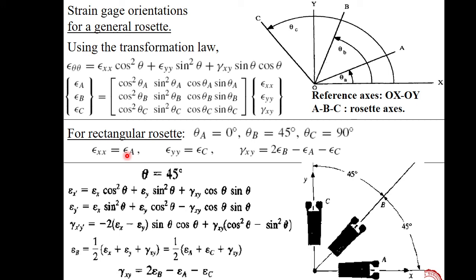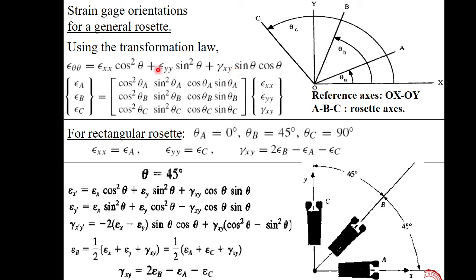Now, when theta C is 90, what is happening? Epsilon yy remains, and the other two are 0. So epsilon C is epsilon yy.